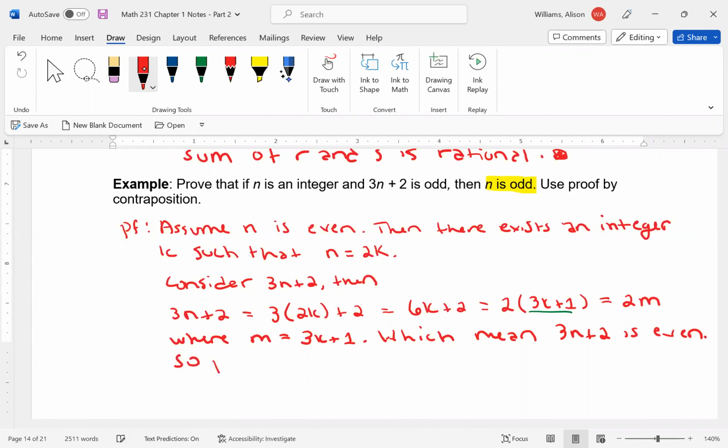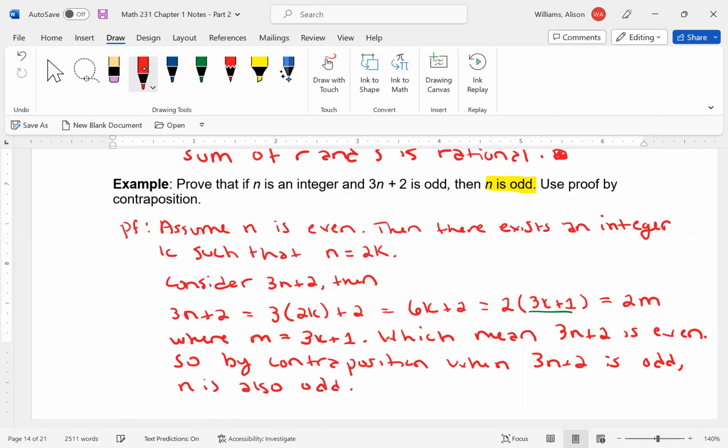So by contraposition, when 3n plus 2 is odd, n is also odd. And I'm done. So I ended my proof by stating what they were asking me to show. I did skip the fact that they just said n was an integer, but it's okay. Got a little bit lazy. It's fine. No big deal.